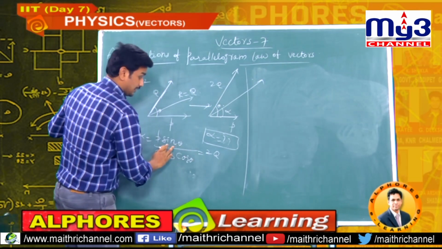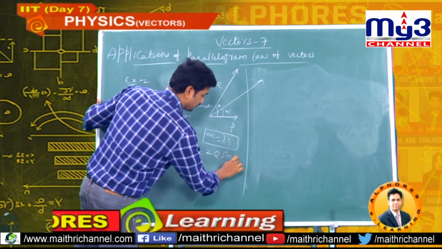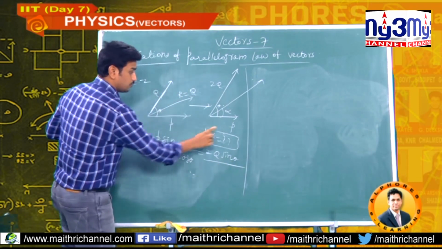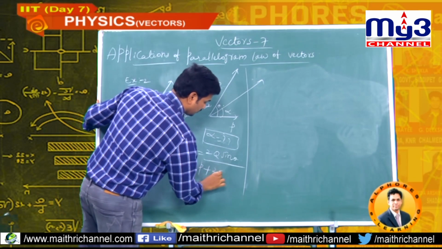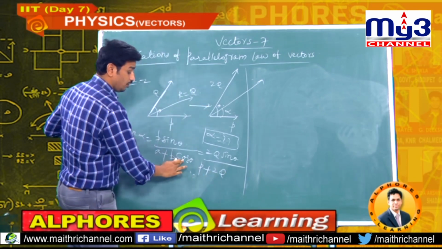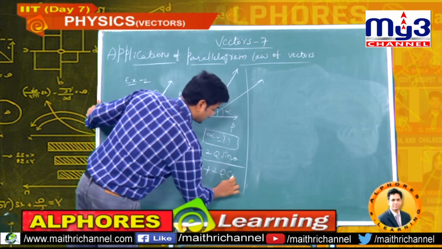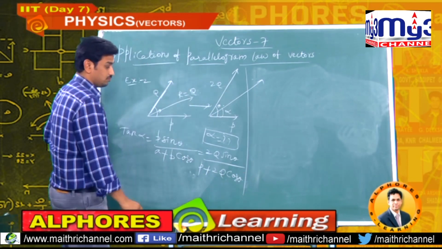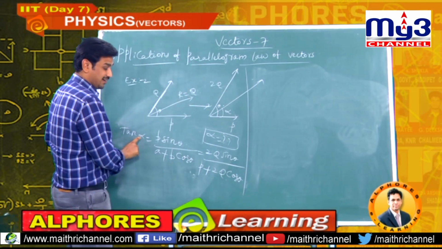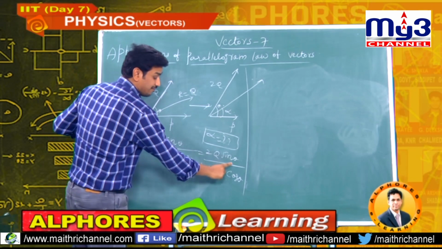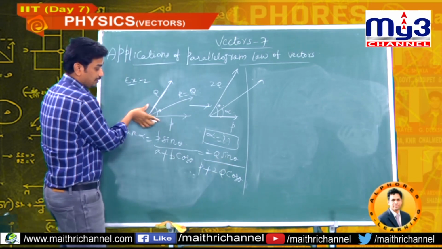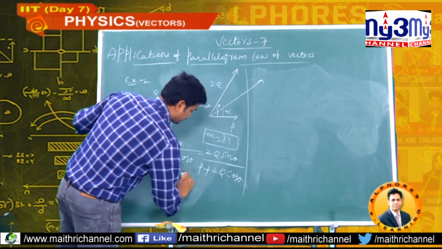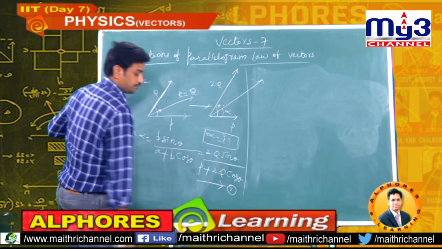Now sin theta as it is, by A value P plus B value 2Q cos theta as it is. Now how can I get alpha? Here I do not know the theta value, so I will use the first one. Let me treat this as the first equation.